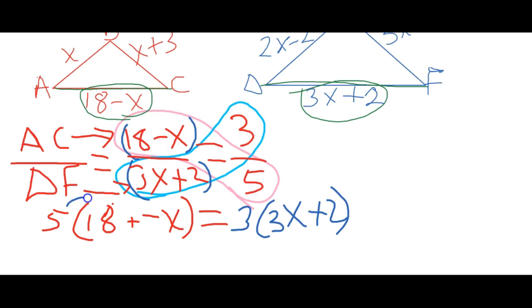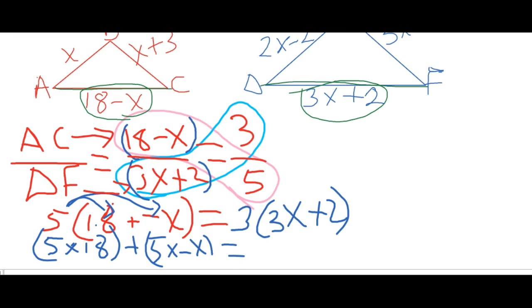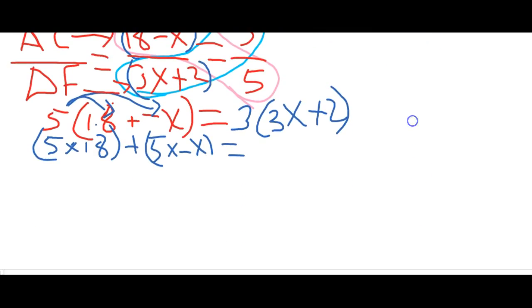Distribute 5 to both terms: 5 times 18 plus 5 times negative X. So 5 times 18 is 90, plus 5 times negative X, so it's negative 5X. Okay, so that's simplified that side.